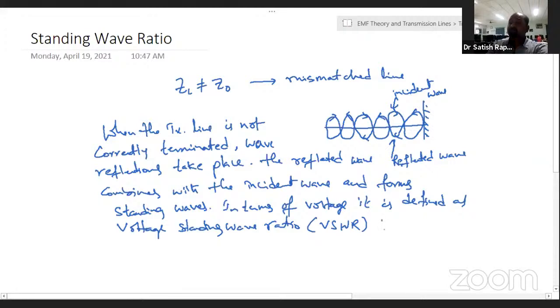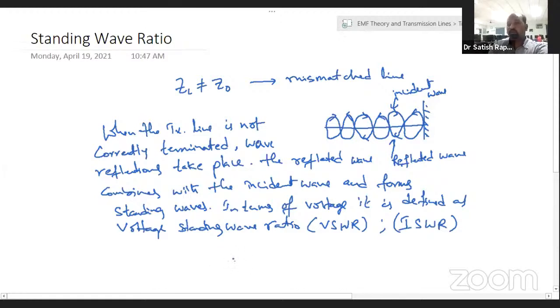If it is in terms of current, then it is called current standing wave ratio, ISWR. Voltage standing wave ratio and current standing wave ratio.